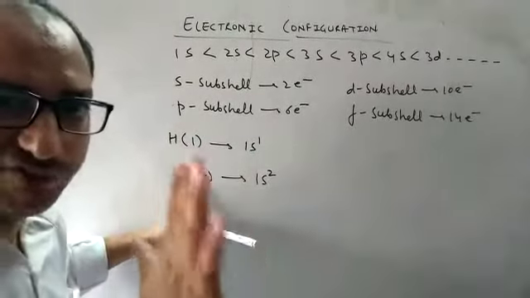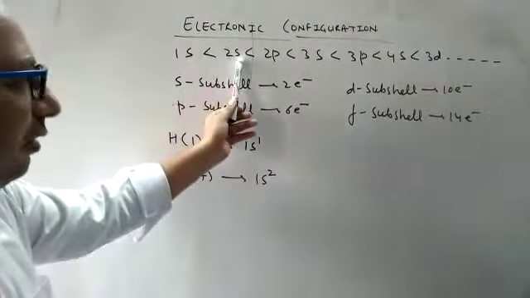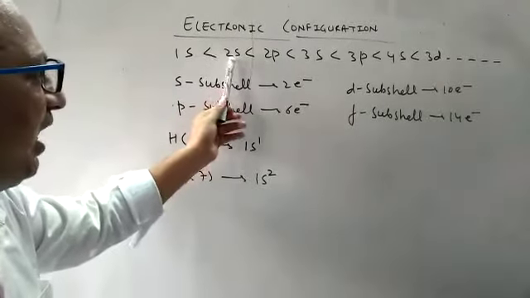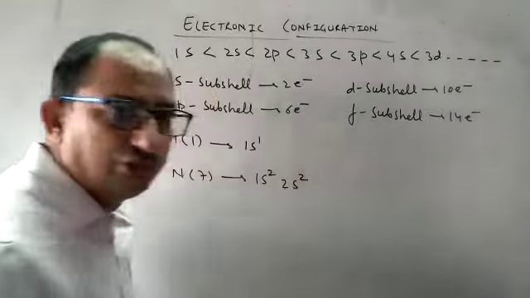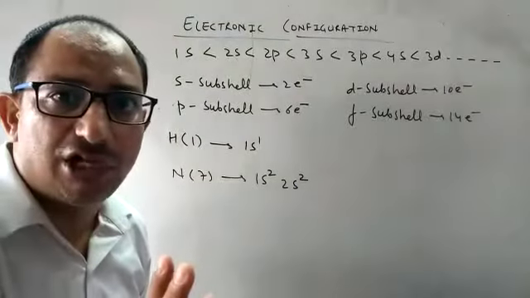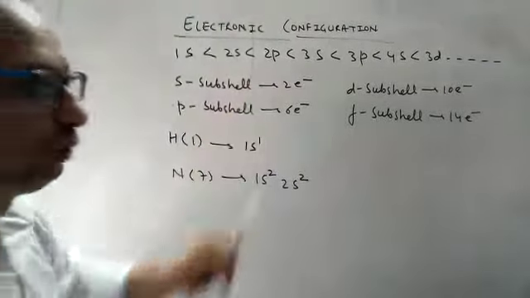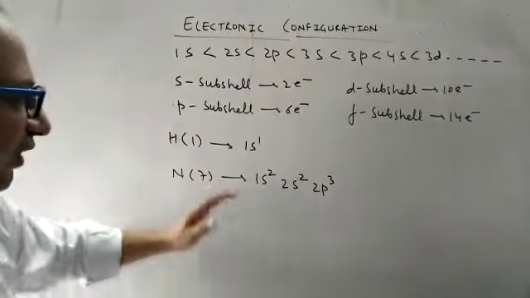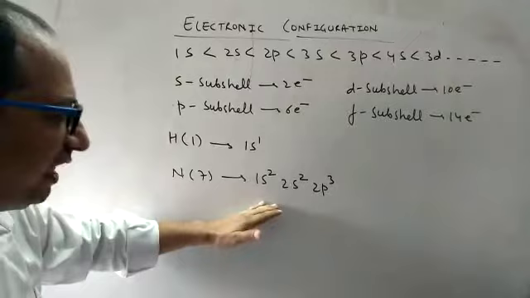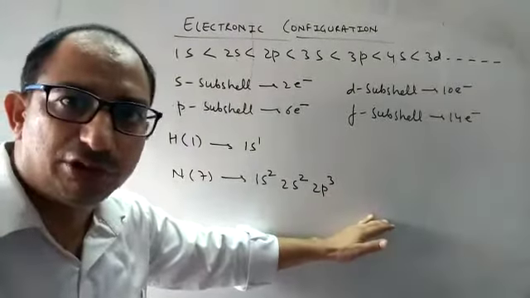But we are left with 5 more electrons. Then the orbital with higher energy than 1s is 2s, so it becomes 2s2. Still we have 3 electrons left, so we use 2p, and it becomes 2p3. So the configuration of nitrogen becomes 1s2, 2s2, 2p3.